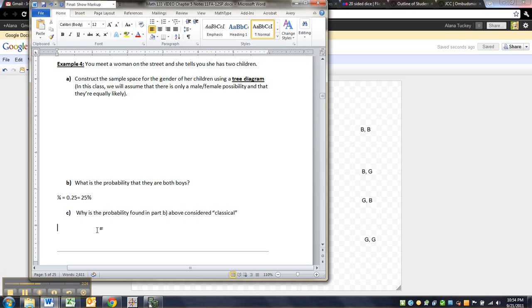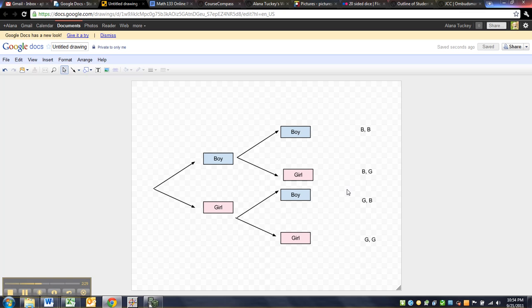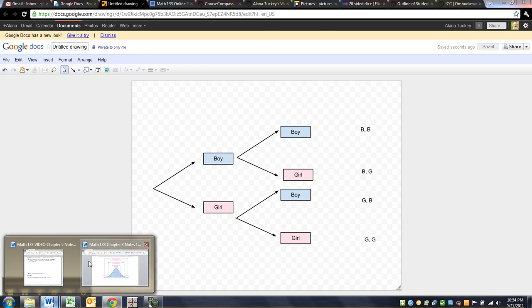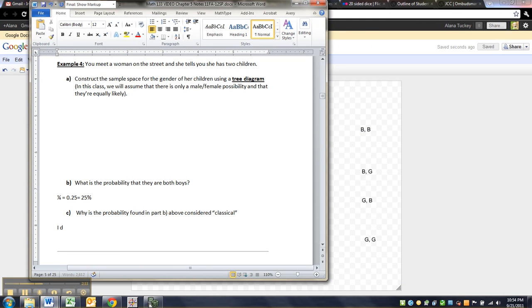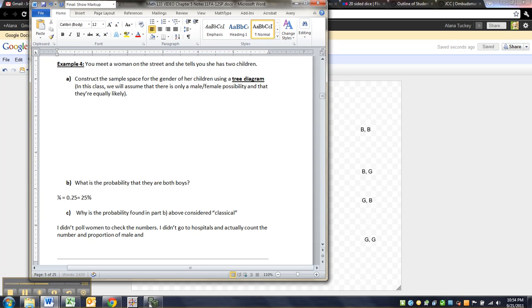Why is the probability found in the above considered classical? Well, I didn't go poll women to get these numbers, or it doesn't have to be women. I didn't go to hospitals and actually count the number and proportion of male and female babies.